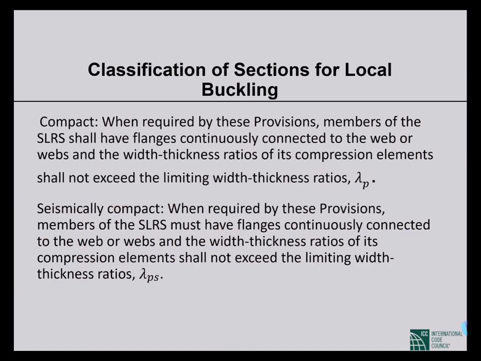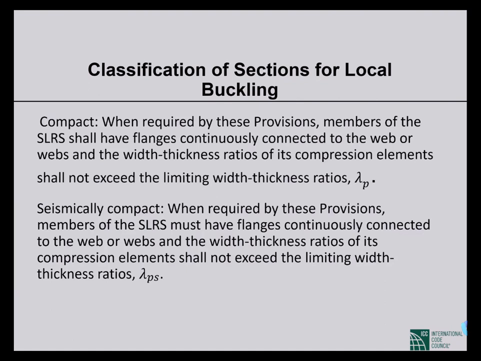Now, this is very important. We know about compact section. We know that width thickness ratios, that is slenderness ratios of the elements of a member, if those ratios are less than lambda p, then we call them compact sections. So we want compact sections in some places. And there is another terminology, that is seismically compact section.